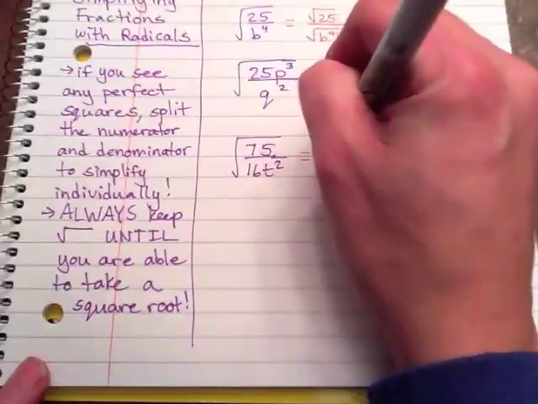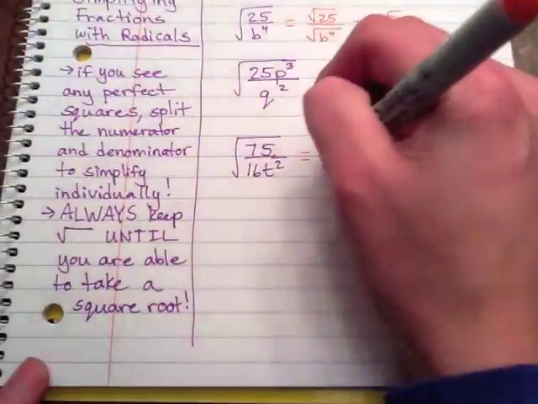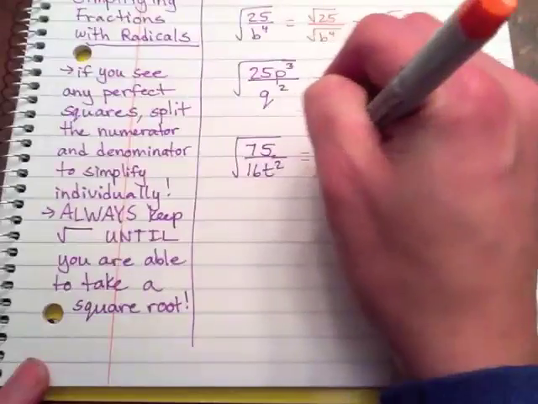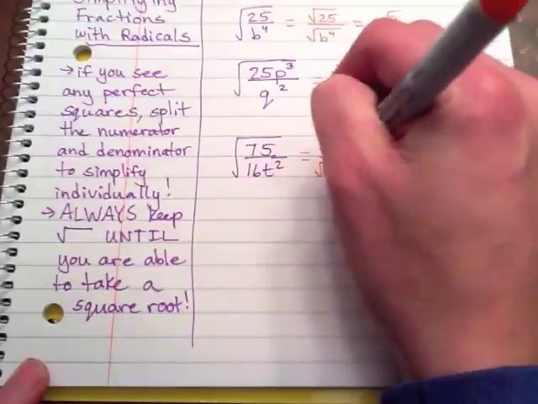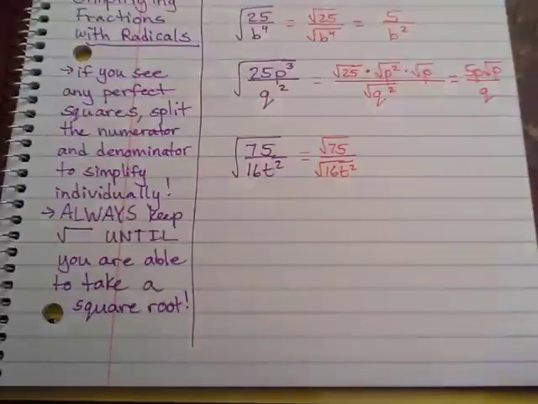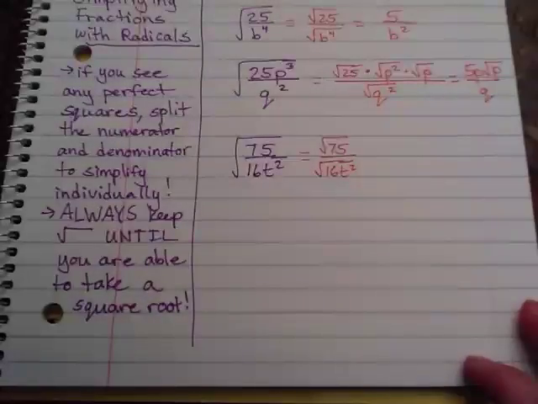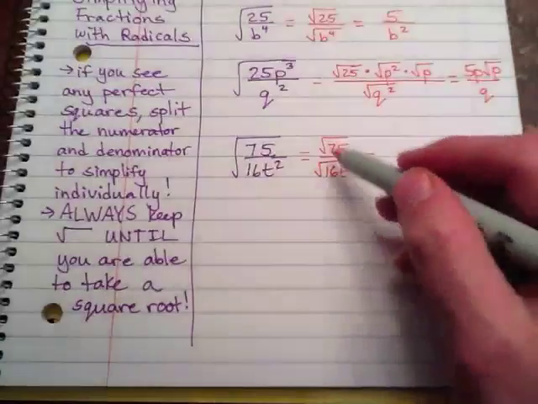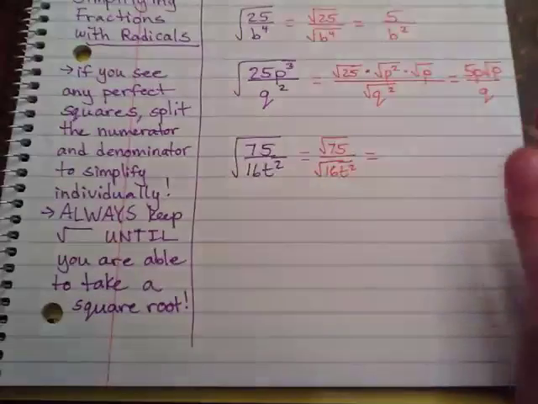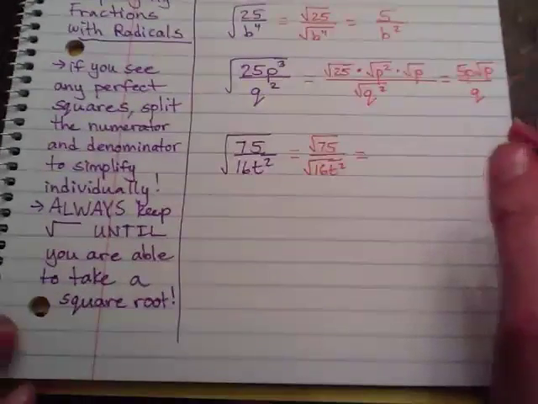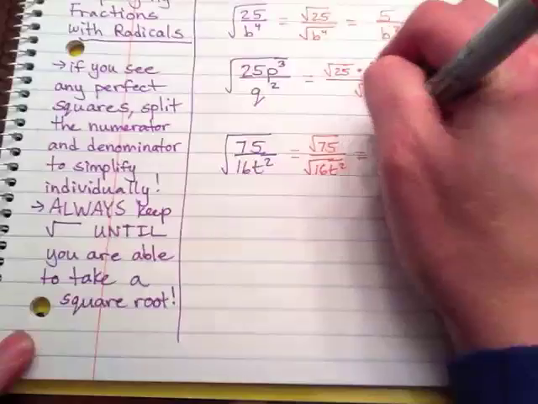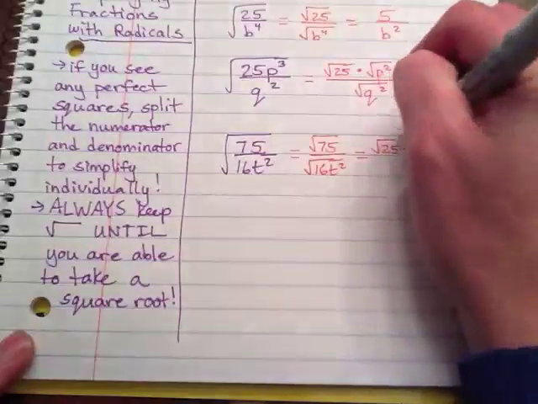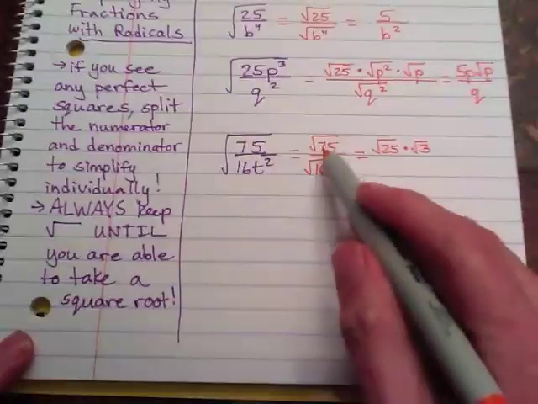Square root of 75, I'm going to simplify on its own. And then square root of 16t squared, I'm going to simplify on its own. So look for a perfect square factor of 75. And that's 25. So square root of 25 times the square root of 3 would get me back to the square root of 75.